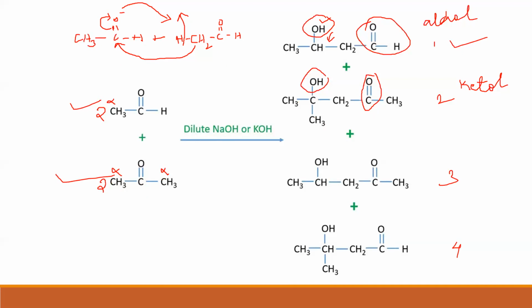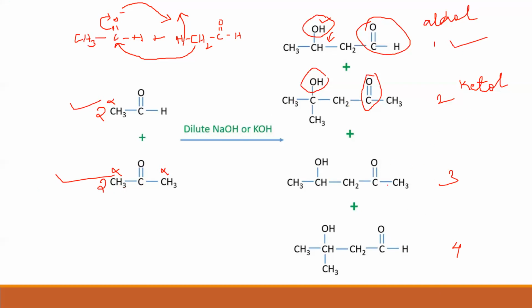Instead of taking acetaldehyde and acetaldehyde, if you take 2 moles of ketone, you will get this product. If hydrogen is removed from one of them, that resultant ion will attack the carbonyl carbon of the second compound to give us this ketol. Clear? Got that? All right. So this is the second product.